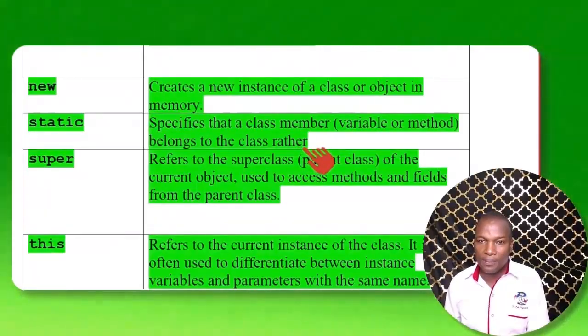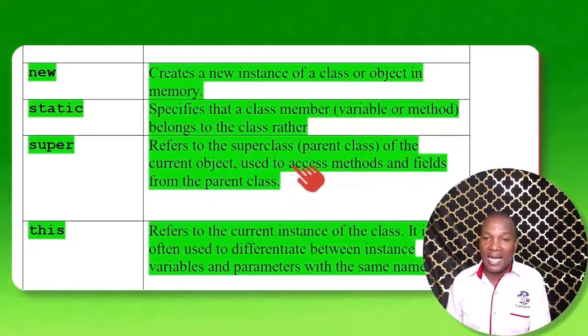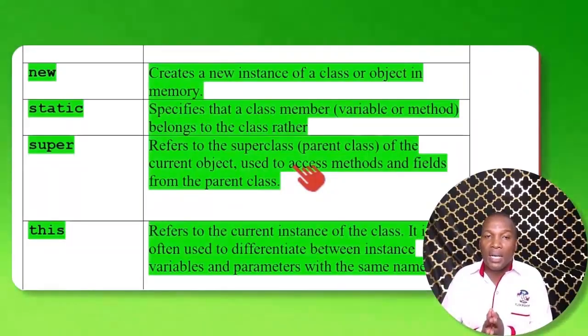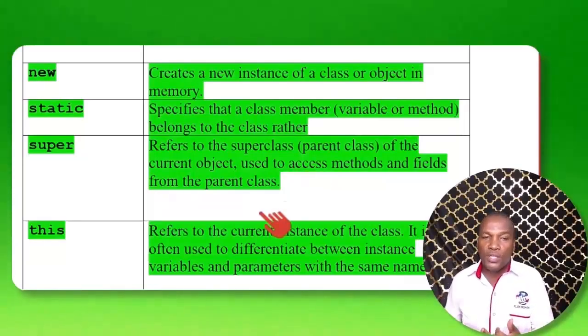Okay? Then we have the super keyword, which refers to the superclass or parent class of the current object, used to access methods and fields from the parent class. I have promised that during our lesson on inheritance in Java, we shall look at more of this.